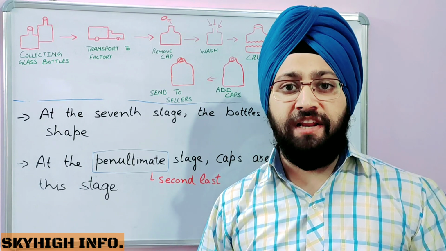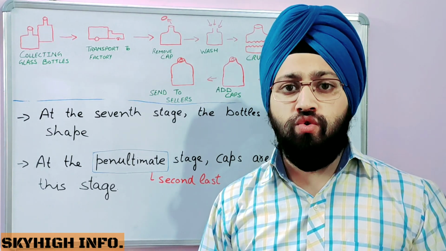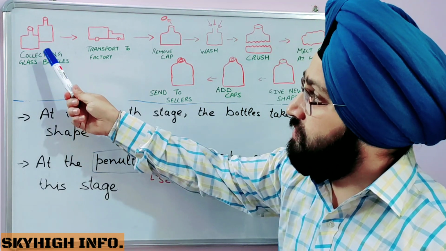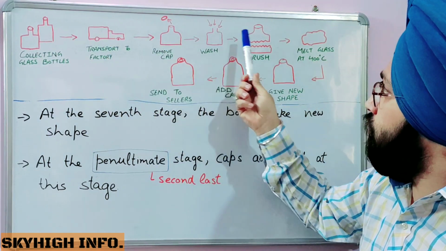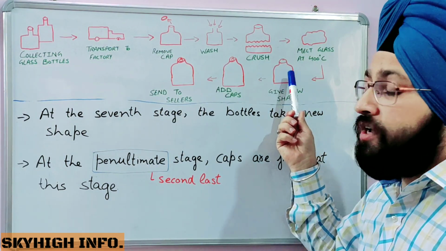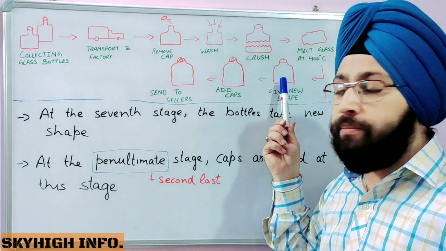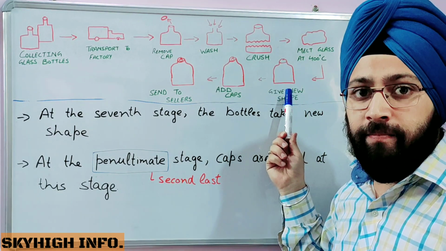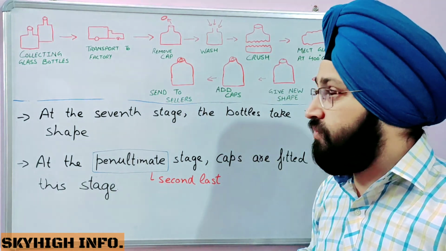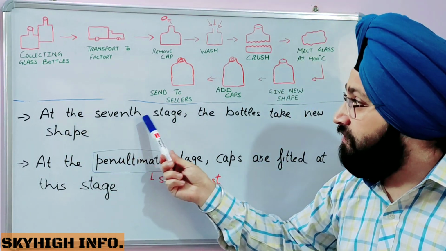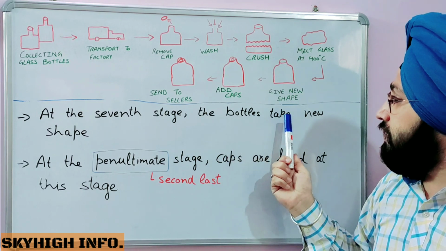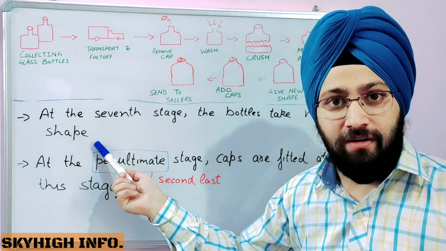To bring more variation in your words, you can also count all the steps: 1, 2, 3, 4, 5, 6, 7. Now we are on the 7th step. We are going to write about the 7th step. The 7th step is about giving new shape. So we can also write in this way, at the 7th stage the bottles take new shape.